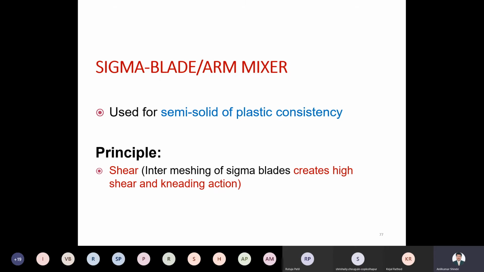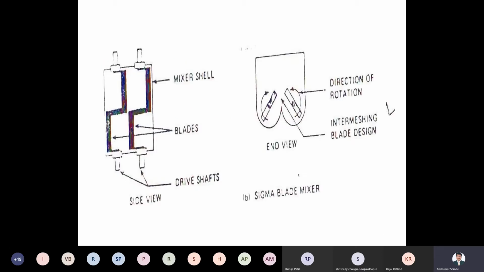Kneading action means the material passes from one place to another very fast, producing kneading action. Kneading action means one material will go here and the other material will go there very fastly, and because the material goes here and there, perfect mixing is possible, and that is called kneading action. So these sigma blades, based on the principle of shearing, create high shear and also the kneading action. These are the designs of the different blades.